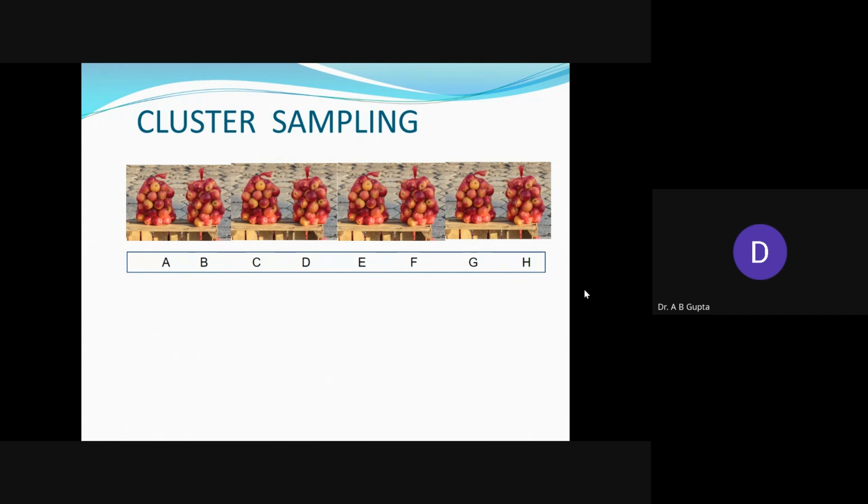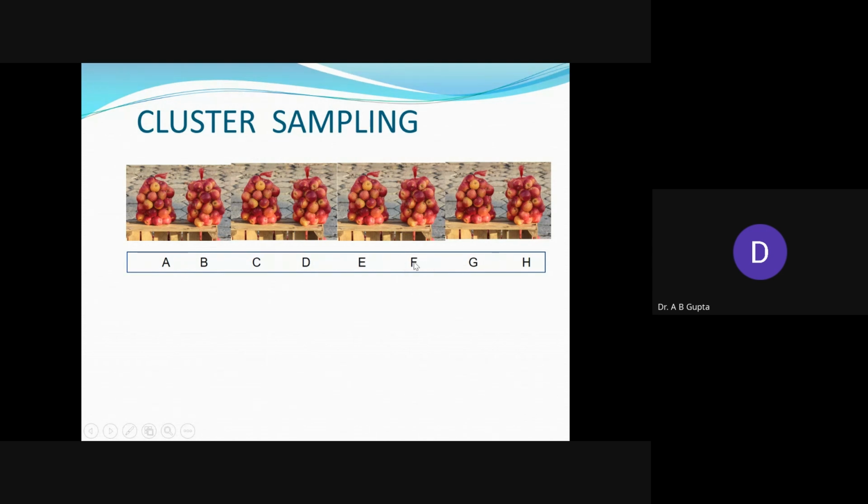So now the things will be very clear to you. So what is cluster sampling? Out of these 8 clusters, every cluster has 24 apples. Out of these clusters, I select, say, only 2. They will go into my sample. Suppose I select C and then I select F. So these 2 clusters are going into my sample. Once I select C, all the 24 apples in cluster C will go into the sample.